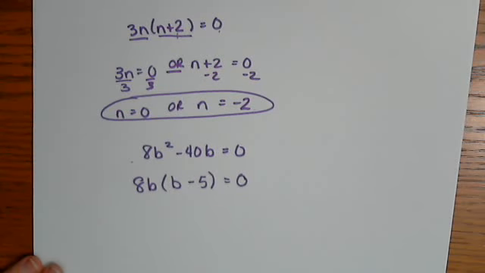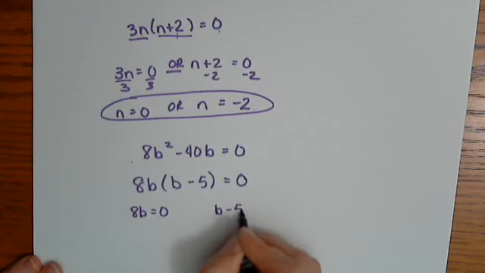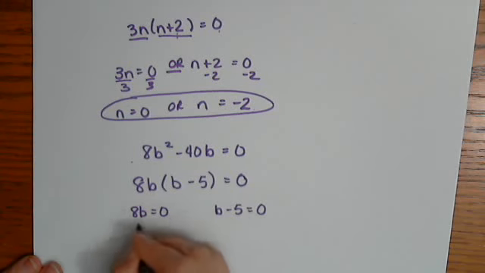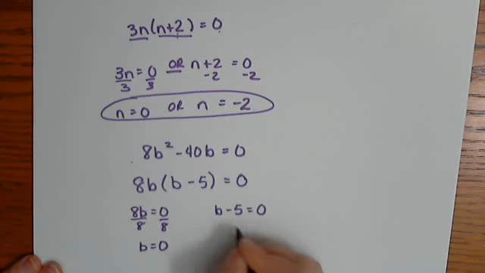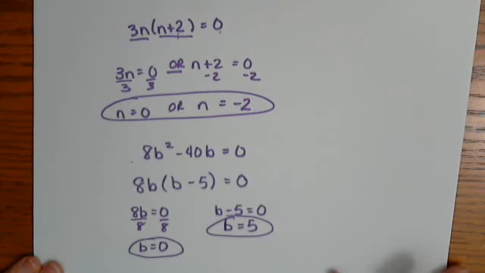I factored it correctly. Now again, remember, my zero product property tells me that 8b equals 0, or b minus 5 equals 0. If I divide by 8, b equals 0, and b equals 5, because I could just add 5 to both sides. So I have two answers, b equals 0 and b equals 5.